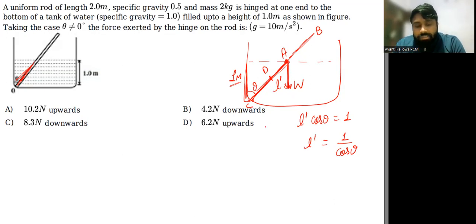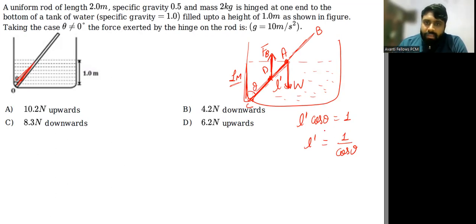Now there is another force in this system that will act, which is the force provided by the fluid. And here the fluid is water. So water will also apply a force exactly at the half of the length which is immersed in water. And that force is the buoyant force, which acts exactly at the center of the length immersed, not the complete length, the length which is immersed in the water.